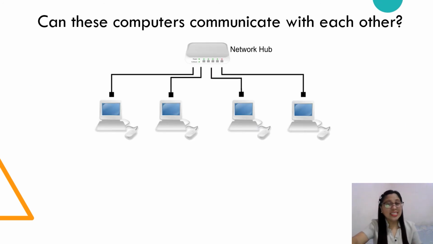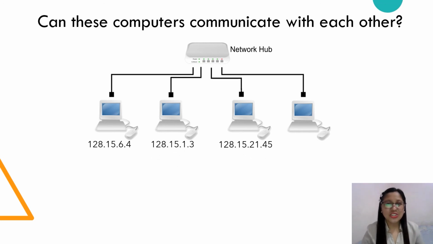Let us have another example. Can these computers communicate with each other? Examine the IP address assigned to each computer in the network. The first three computers can communicate with each other since they belong to the same network.